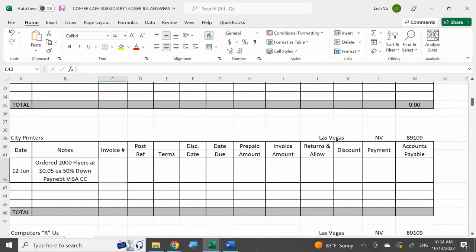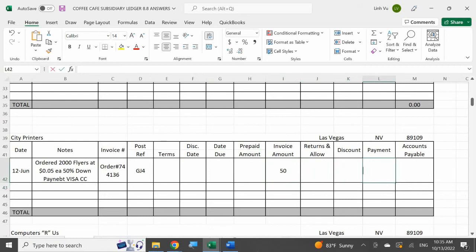Once again, the invoice number is going to be your order number, 744136. Post reference, once again, is General Journal page 4. No terms, because again, it's the order number, and we're going to pick it up tomorrow. How much was this order? You said 50%, so whatever 50% was, that's $50.